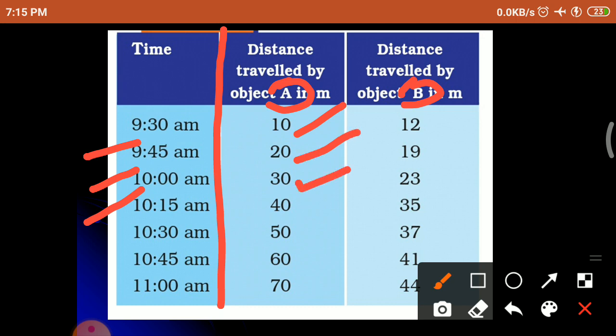So the difference is 10 meters from 9:30 to 9:45. The same as 9:45 to 10, also a difference of 10. So here the object covers equal distance in equal intervals of time. Then the body is said to be in uniform motion.